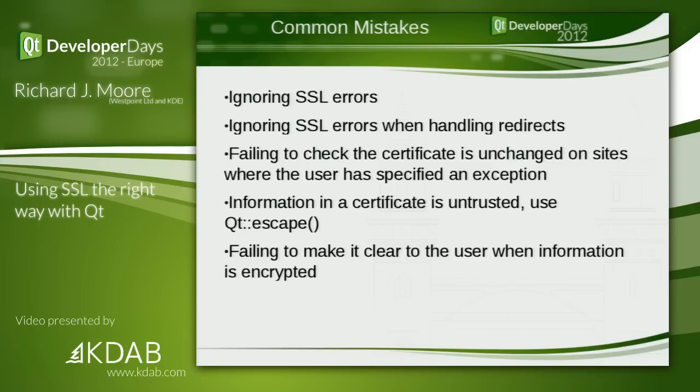The other one you should do when handling redirects is don't allow redirects from one protocol to another. That's another mistake. So, for example, it's quite common for people to allow it to just redirect anywhere. And that causes problems when, for example, a malicious guy redirects from HTTP to, say, a file on the local disk. That can cause you lots of problems.